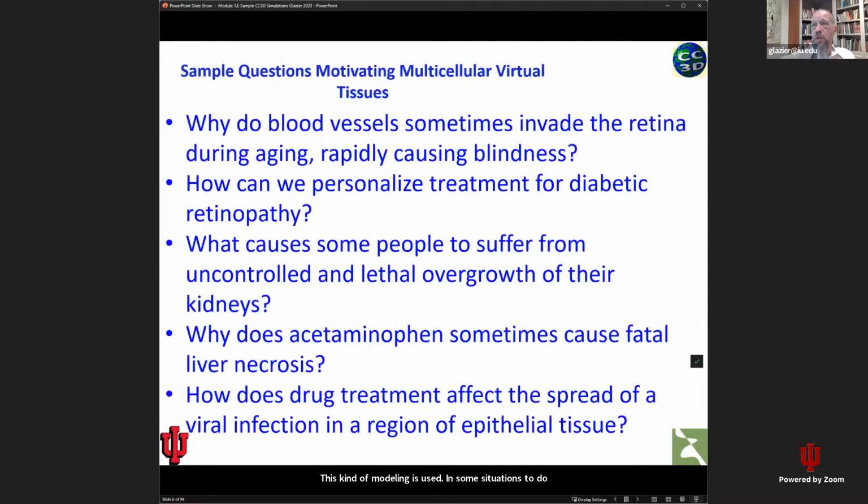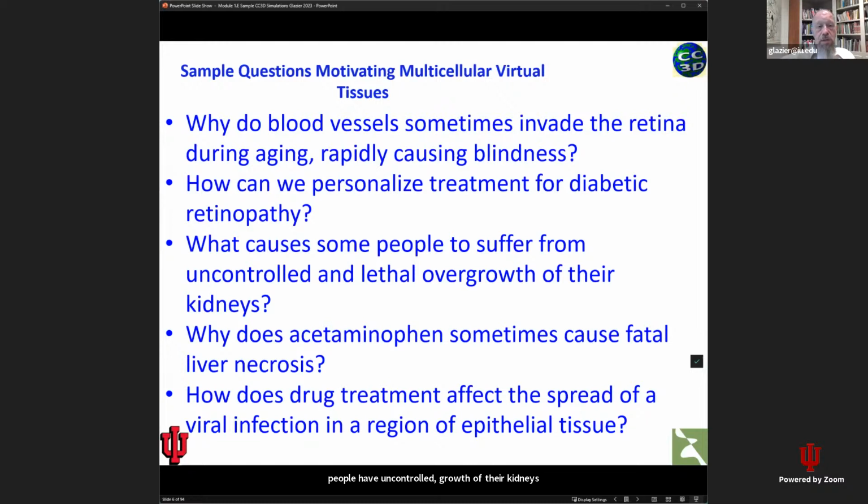Some of the questions that we've worked with in our group over the years, and I'll show you some pictures, could be, why do blood vessels sometimes invade the retina as people age, causing blindness? Could we optimize treatments for individuals with diabetic retinopathy? Why do some people have uncontrolled growth of their kidneys, called polycystic kidney disease, that leads to death?